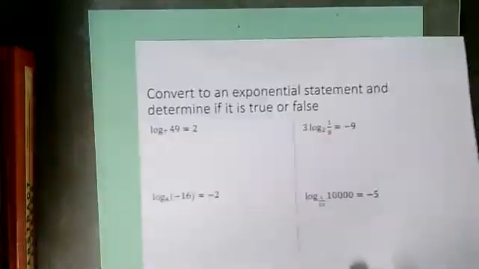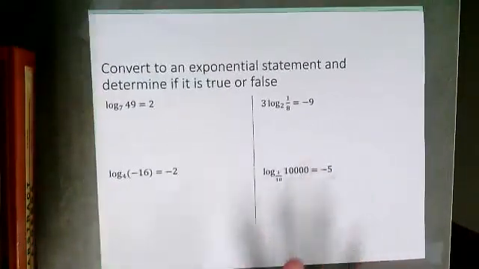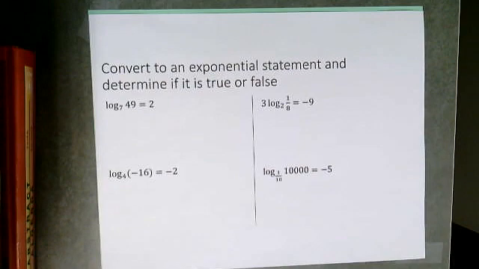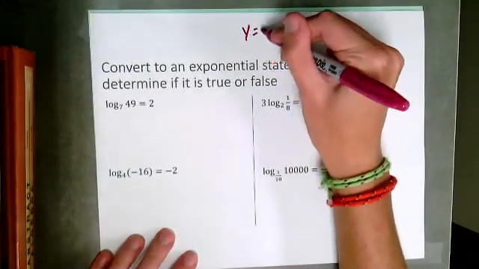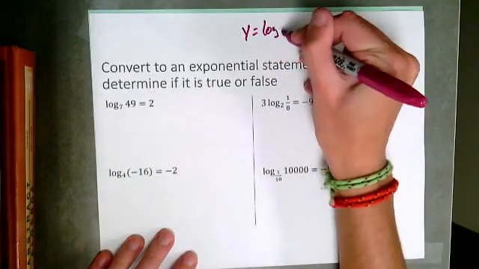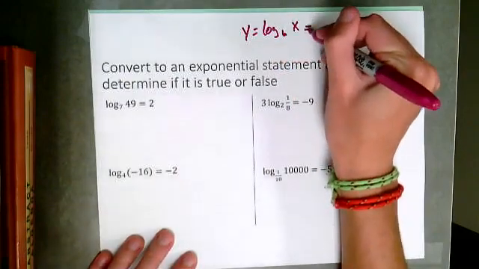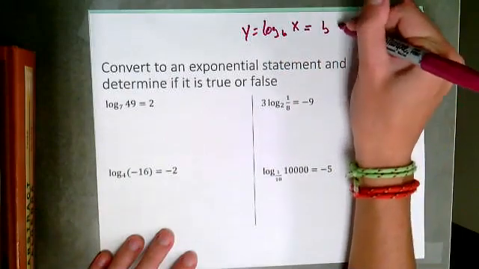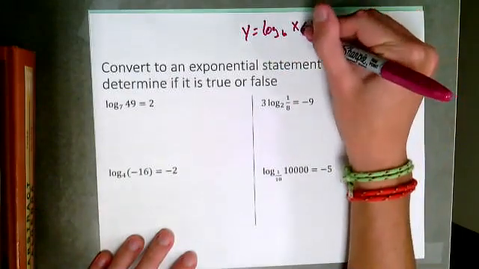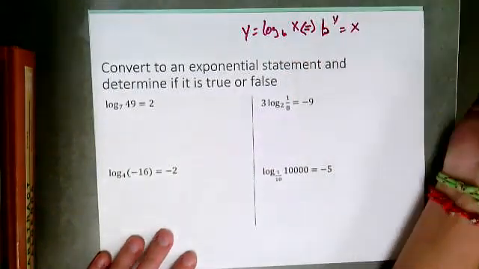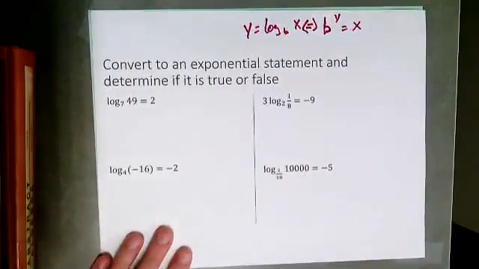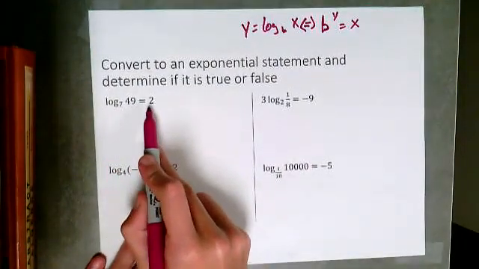What happens when we go the other way around? Convert to an exponential statement and then determine if it's true or false. I'm going to write this one more time. Y is equal to log base b of x if and only if b to the y equals x. That's our conversion. So log base 7 of 49 is equal to 2.